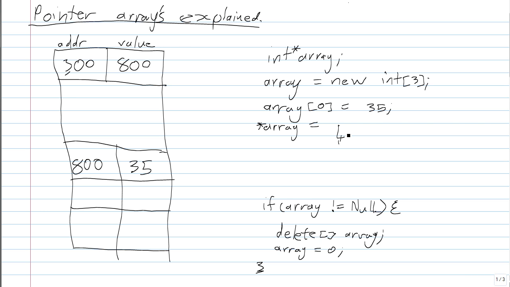So if we do this, we would then get in memory the value like that. Okay, so that basically is how you would handle a single dimensional array.